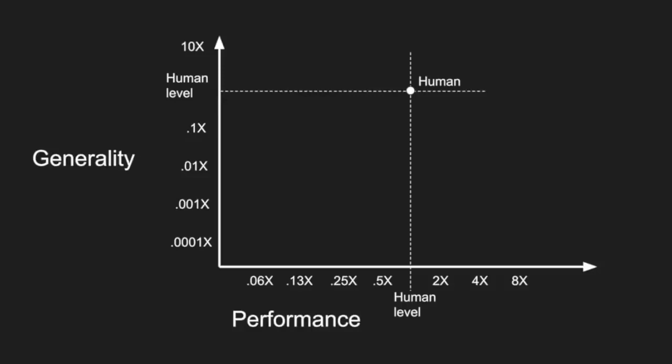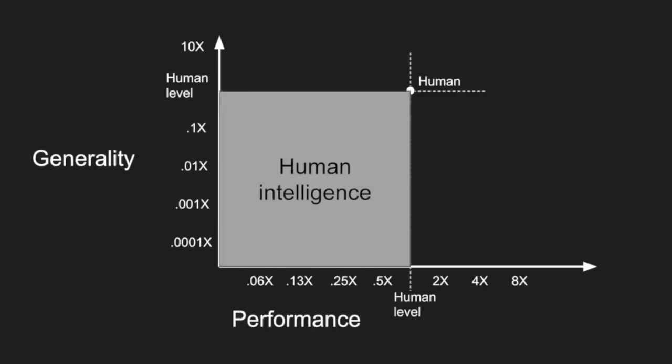Roughly, this is the set of all tasks that a human or group of humans can do. We'll make the y-axis logarithmic as well, so an equal interval is a factor of 10 in performance, either multiplied or divided, depending on whether you're moving up or down. So human intelligence can be notionally represented by the area that's entailed by this point.